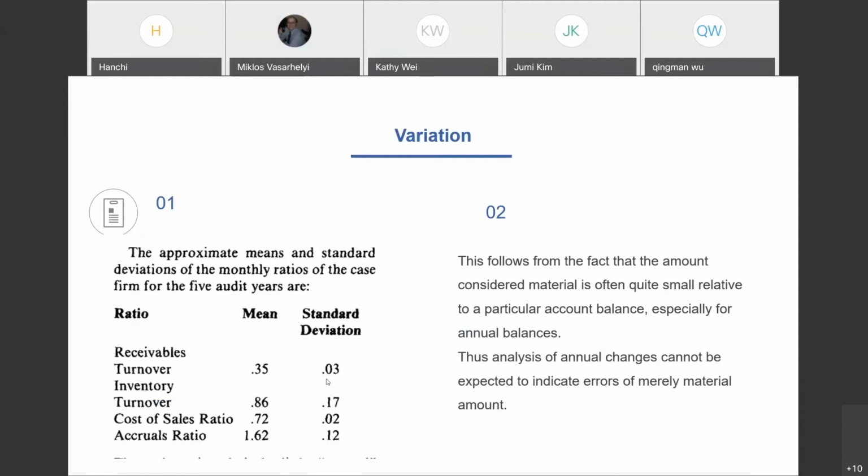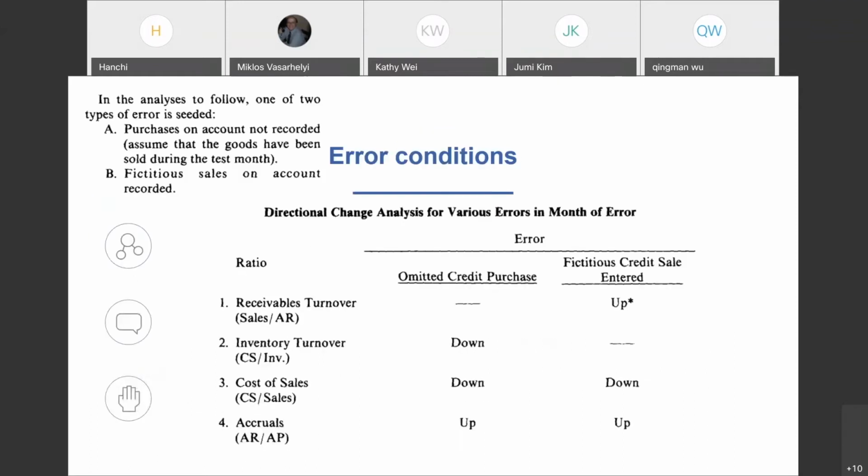I think this follows from the fact that the amount considered material is often quite small relative to a particular account balance, especially for annual balances. Thus, the analysis of annual change cannot be expected to indicate errors of more than a material account amount.